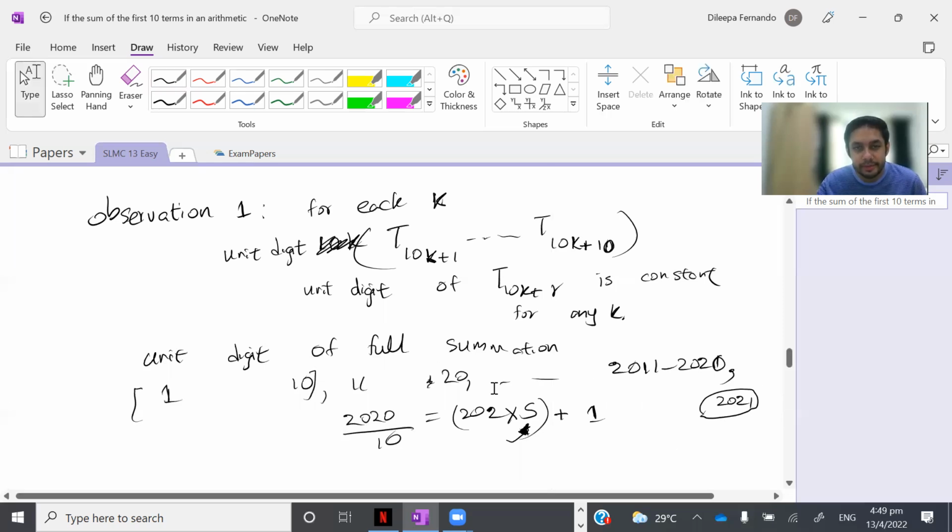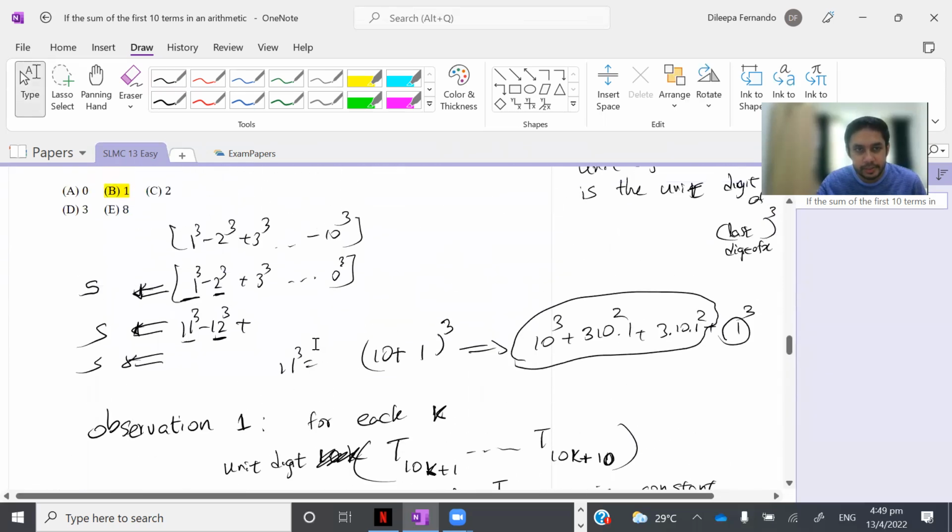And then you will have an interesting observation. You start with considering the unit digit of each set of numbers, and we found how many such sums there are, and we found that there are 202. Now we have to find the unit digit of this sum. So unit digit calculation is all about finding mod 10, finding the remainder when you divide by 10.